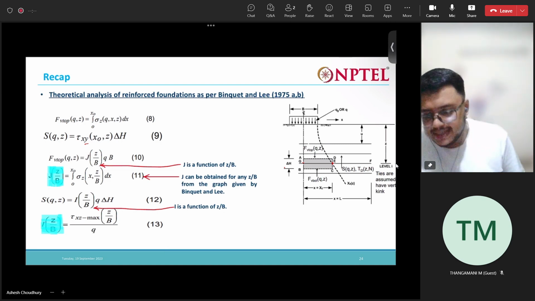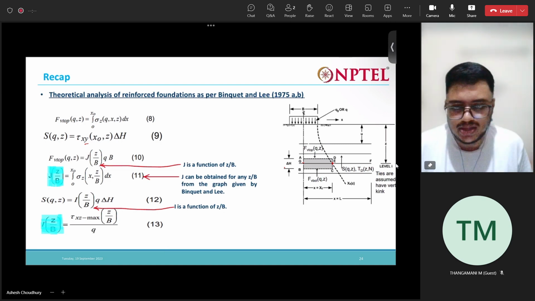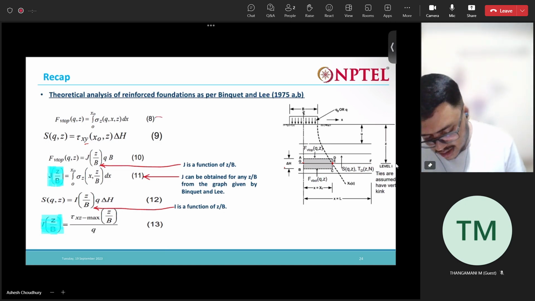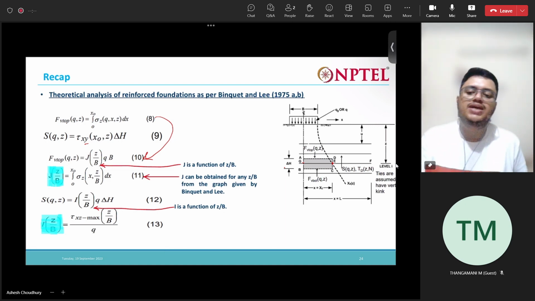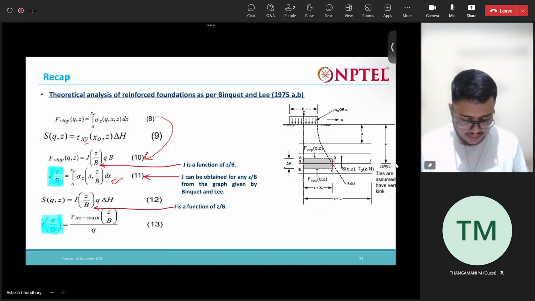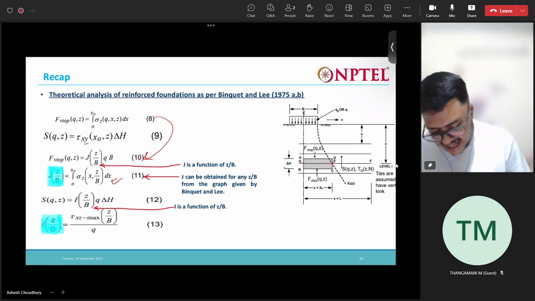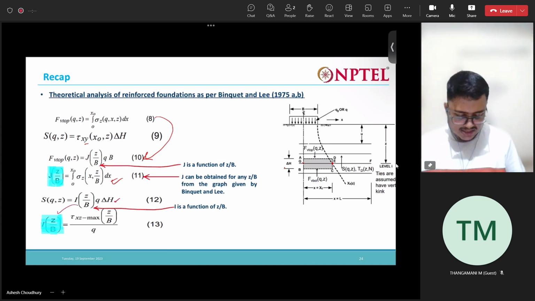Now, Binkert and Lee gave a simplified equation for us so that we can easily determine everything. So this equation 8 transfers to this equation 10. After integration they represented it as a term JQV. This J is a function of Z by B, and J is given by this integral here. And S is given by I Q delta H, and this I is given by this integral here.